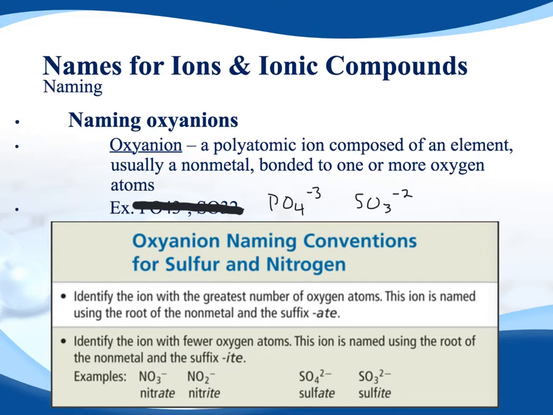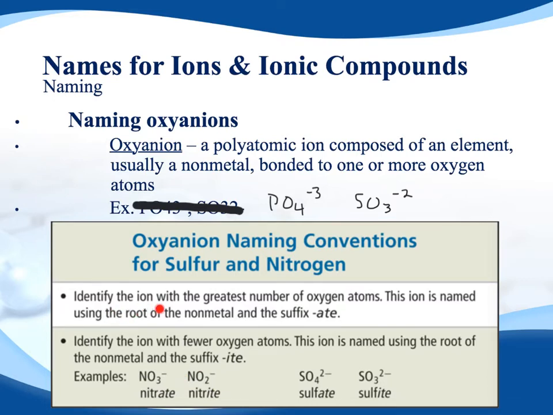The rules for naming them are found below. You need to identify the ion with the greatest number of oxygen atoms. This ion is named using the root of the nonmetal and the suffix -ate. Take, for instance, nitrate and nitrite. The formulas are NO3 with a -1 charge and NO2 with a -1 charge.